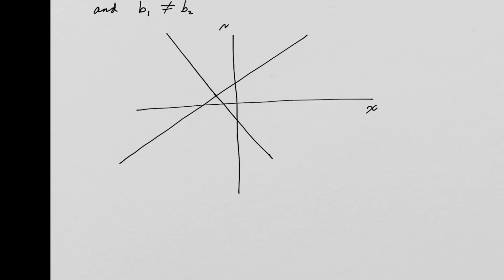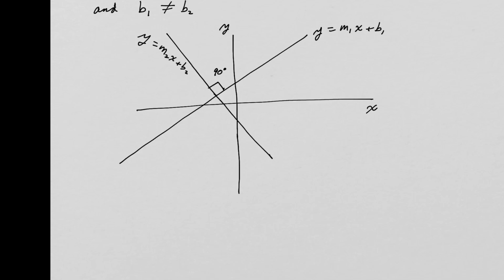So again, I'll call this y equals m1x plus b1, and I'll call this one y equals m2x plus b2. What does it mean to be perpendicular? It means that when they intersect, they're going to intersect at a right angle, at a 90-degree angle. So this is 90 degrees.